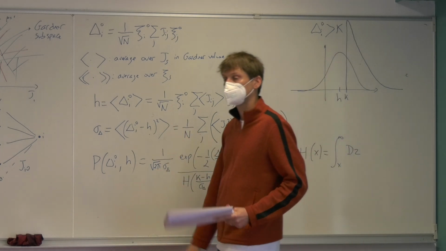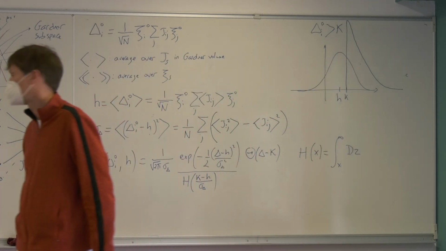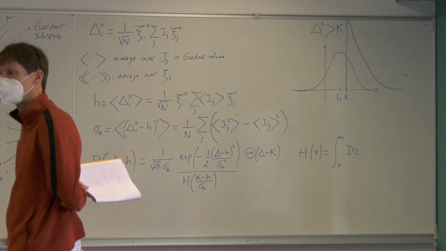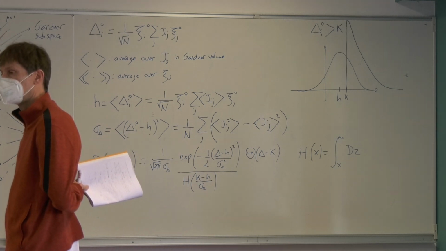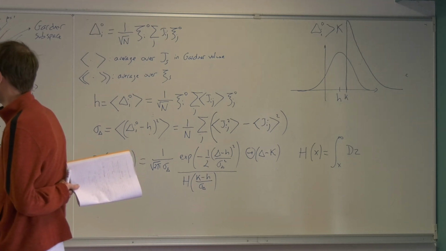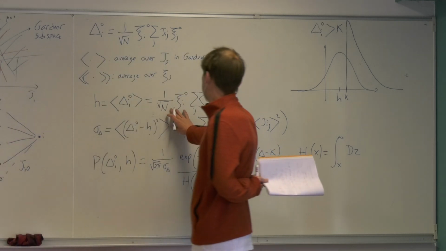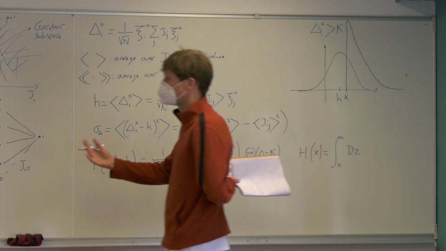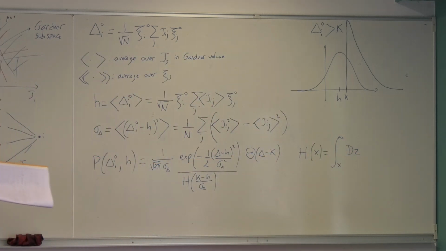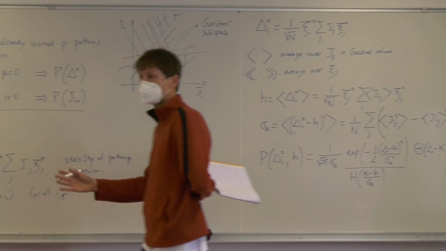So I just missed one detail. In the original patterns, the stability did not have the 1 over square root of n prefactor. So if the J's are of order 1, you expect that this sum will be of order square root of n.